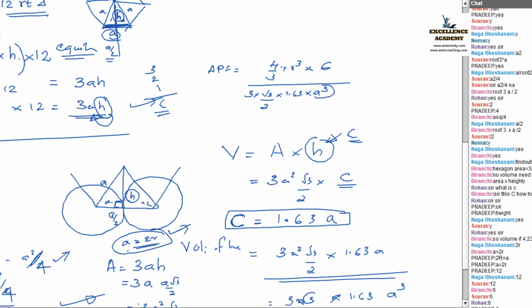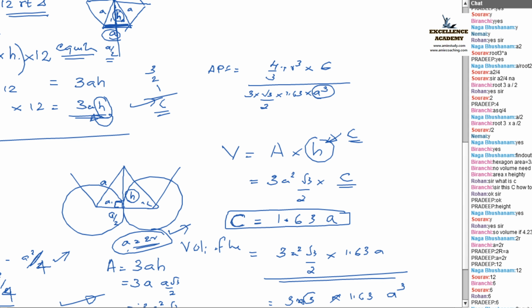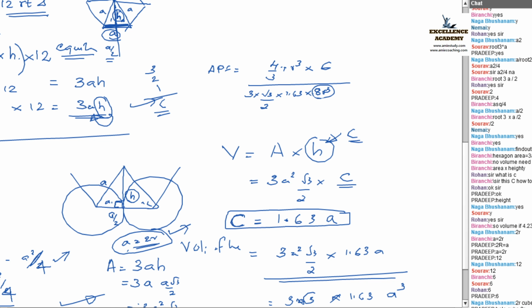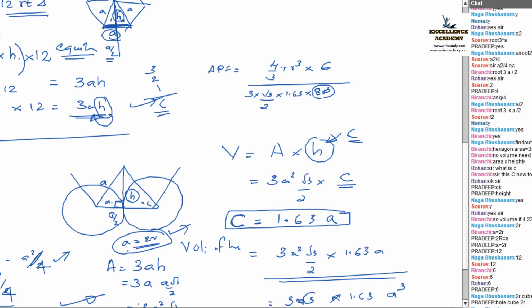That A cube can again be converted in terms of R. So what is the value then? We can write that as 2R the whole cube, that is 8R cube. Am I right? 8R cube.